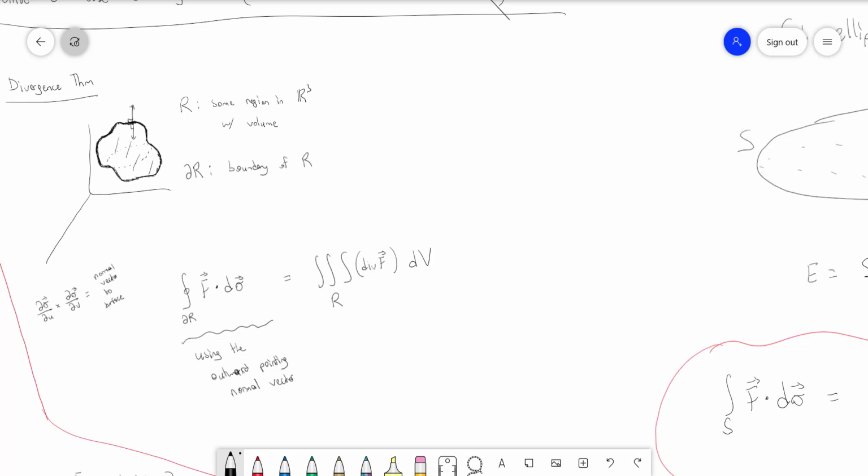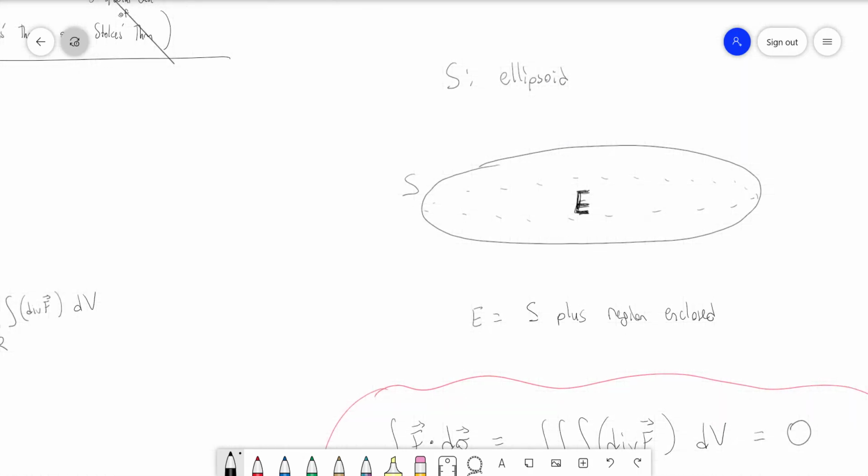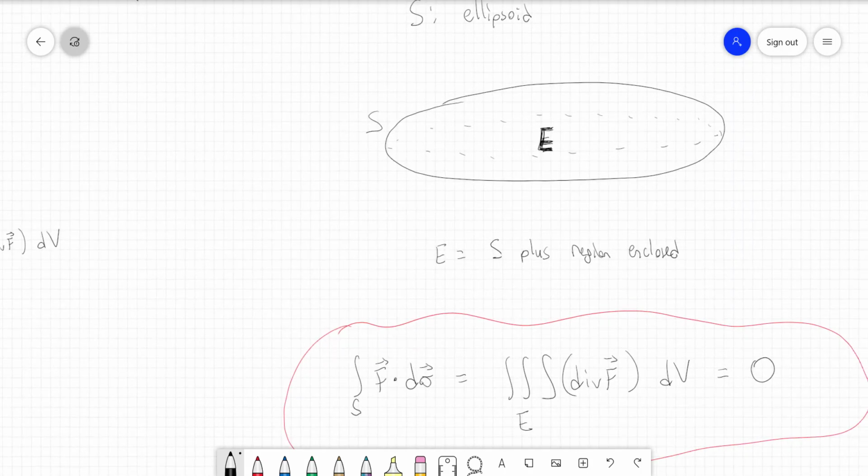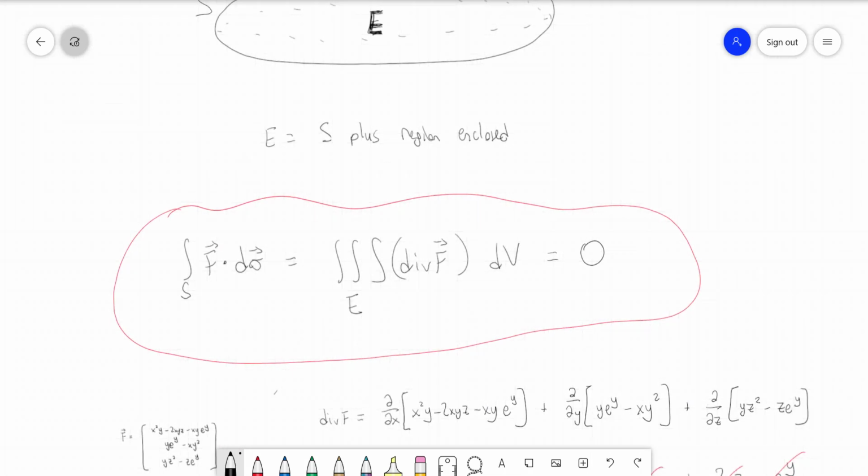So if you see a problem like this, asking you to evaluate a flux integral over a surface which encloses some volume, like an ellipsoid, and if your vector field looks incredibly complicated as it was in this first problem, then it could be set up so that the divergence of that vector field would be really simple. And thus it would simplify things if you use the divergence theorem to evaluate it.